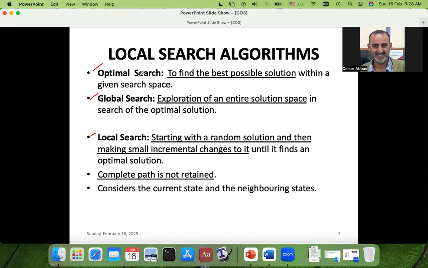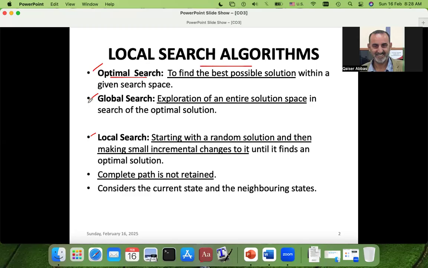In optimal searches, we will have such kind of algorithms in which we have to find the best possible solution in any given state space. State space meaning the problem; the problem has its area of expansion, you can say. So optimal search will always give us the best possible solution.